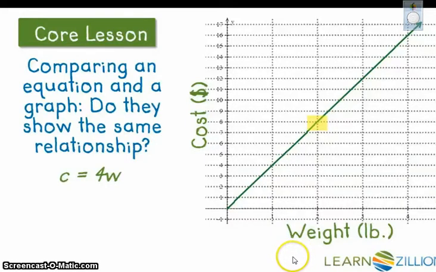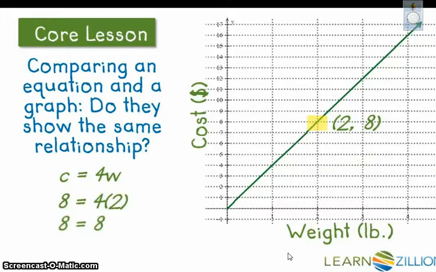For example, here's an ordered pair on the graph, 2, 8. Put this in your notes. Plug those numbers into the equation. In this case, they do satisfy the equation. You should test a few more ordered pairs from the graph until you're satisfied that the graph and the equation represent the same ordered pairs.